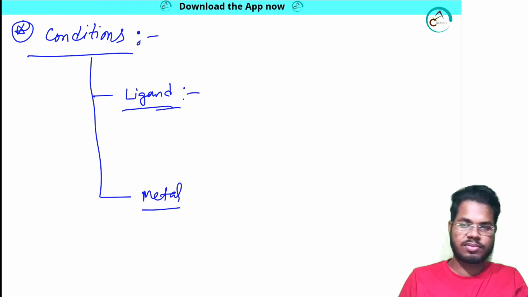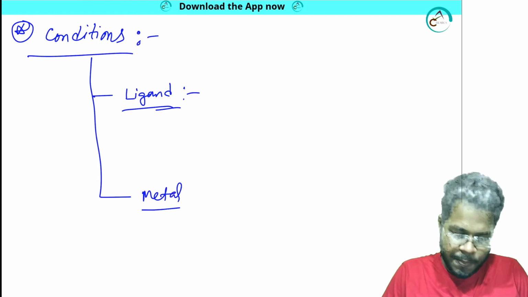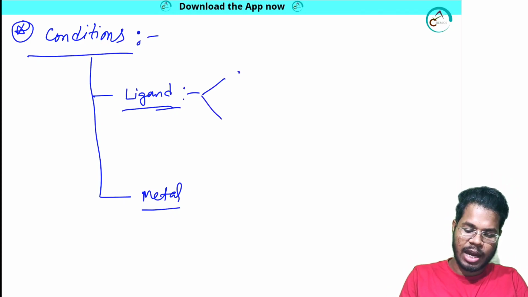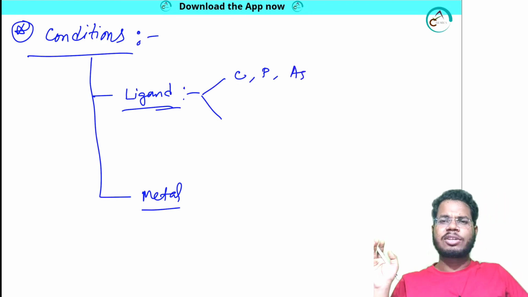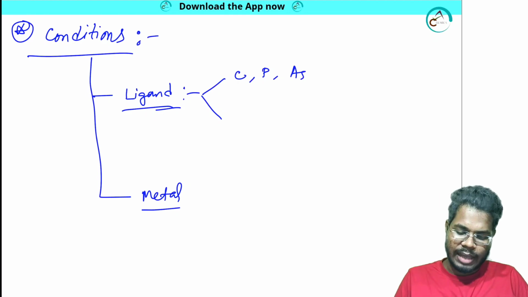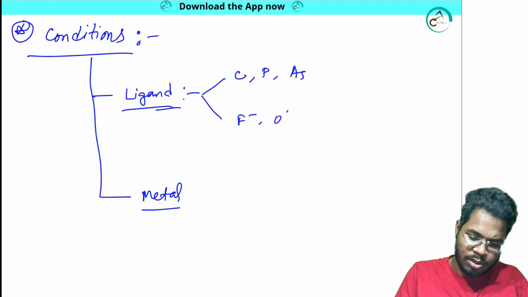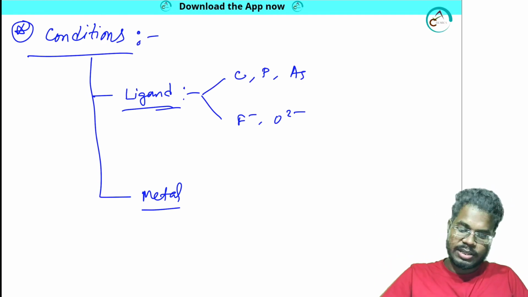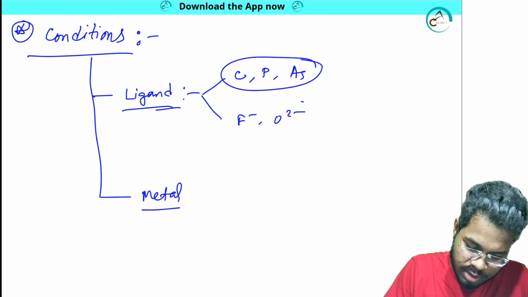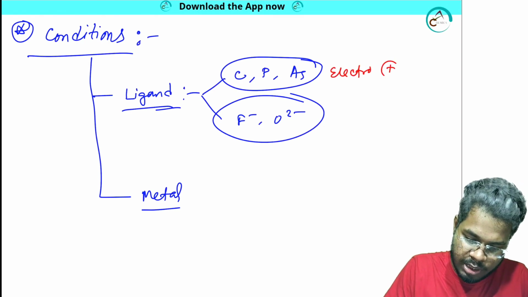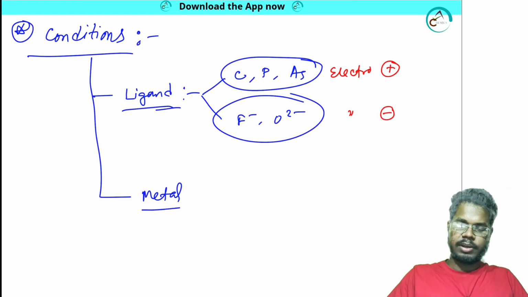So how does the ligand factor work? There are two types of ligand. One has a carbon atom, phosphorus atom, arsenic atom, like that. These are electropositive systems, and they can easily donate electrons. Another is like F minus, O2 minus, and these are electronegative.